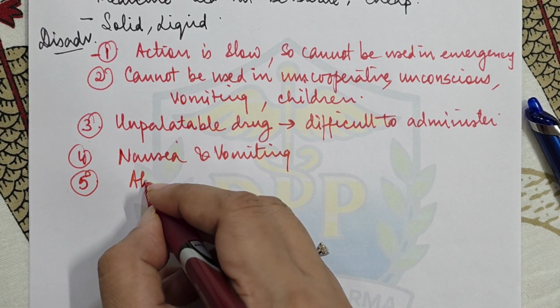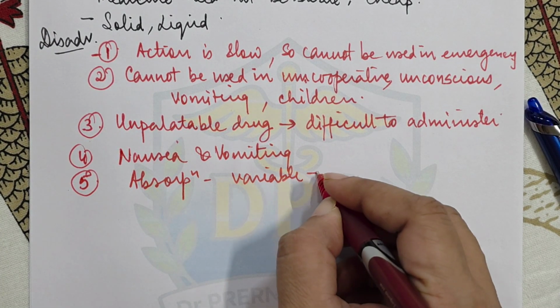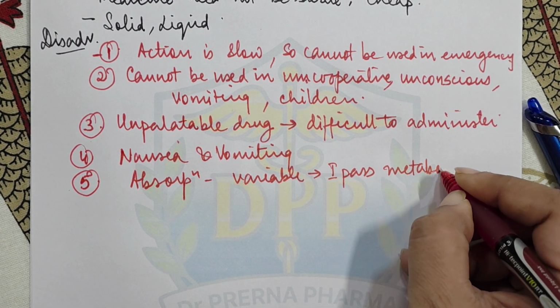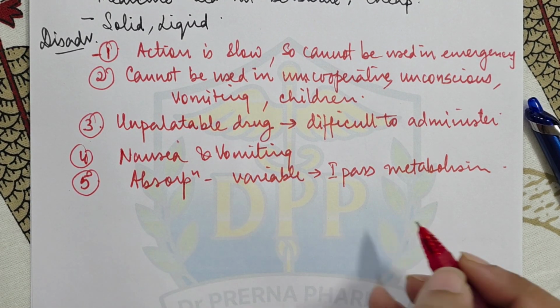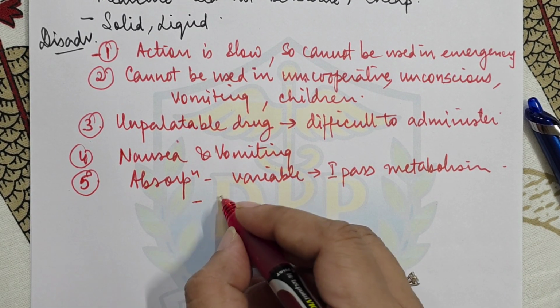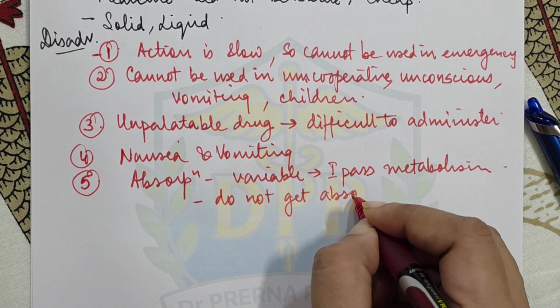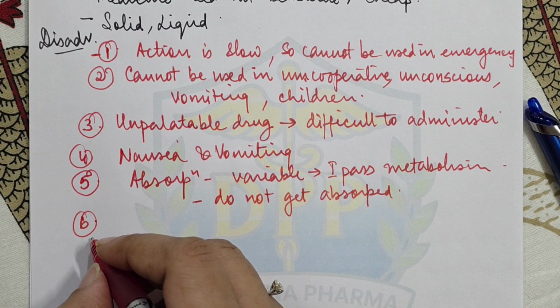Then absorption of the drug may be variable. And why will it be variable? Because there is first pass metabolism through which the drugs go, and sometimes 80% or 90% of the drug is removed in first pass metabolism. So the drug which actually reaches the system is very less. Then some drugs do not get absorbed at all. The presence of food, milk, or other drugs affects the absorption from the GIT, right?